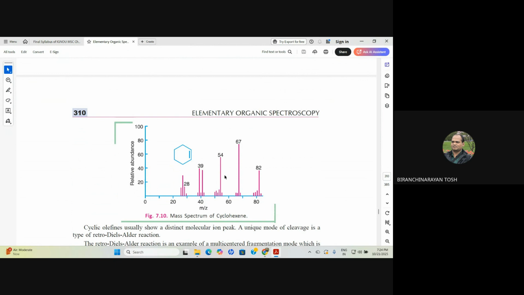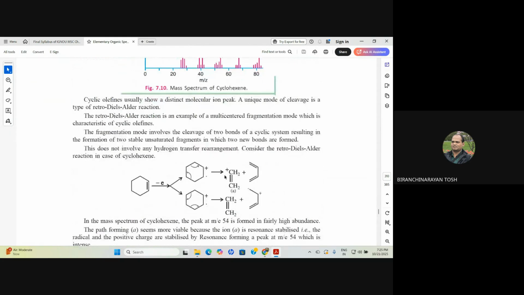The fragmentation mode involves the cleavage of two bonds of a cyclic system, resulting in the formation of two stable unsaturated fragments in which two new bonds are formed. This does not involve any hydrogen transfer rearrangement. So a 6-member ring will cleave to a 4-member and 2-member compound.